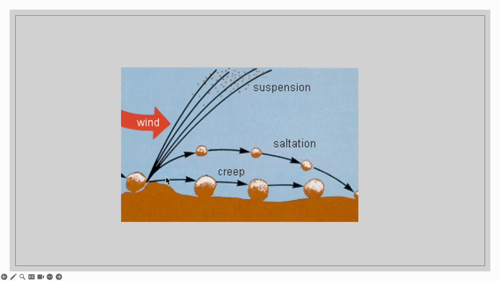We get these little bitty bounces, and it's possible that when we get these bounces we end up getting some break of that soil particle that can then be put into suspension. The smaller the particle, the greater it can be held in suspension.